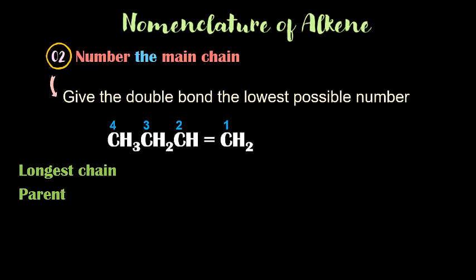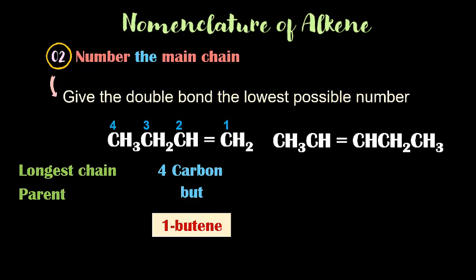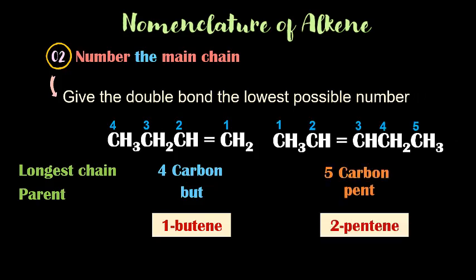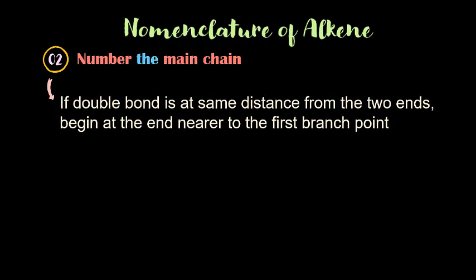For example, 1-butene signifies that the double bond is between the first and second carbon of butene. For the second molecule, 2-pentene signifies that the double bond is between the second and third carbons of pentene. If the position of the double bond is at the same distance from the two ends, the lowest number is placed at the end nearer to the first branch point.